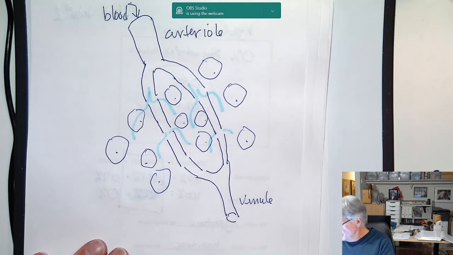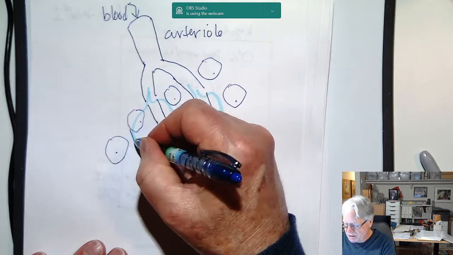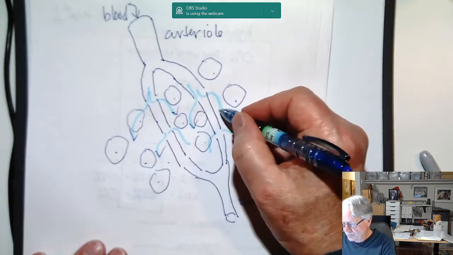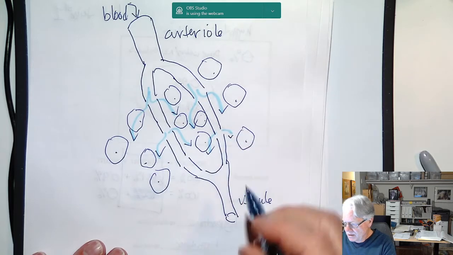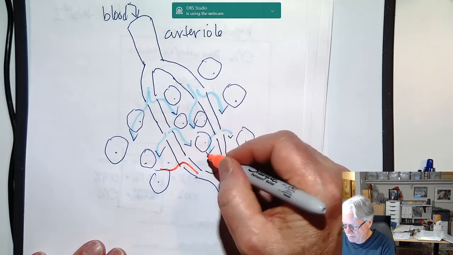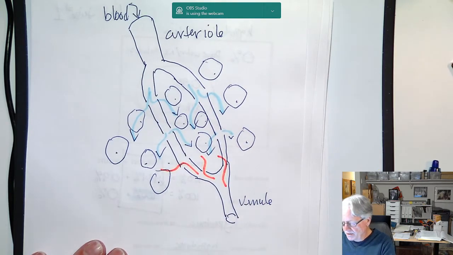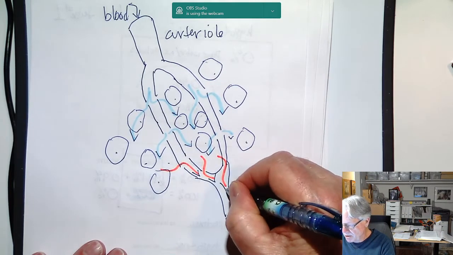And then what happens is the fluid, once it leaves, circulates around those cells, and then it's collected again. So we bring back fluid now. And that's how we remove waste and take those signaling molecules.